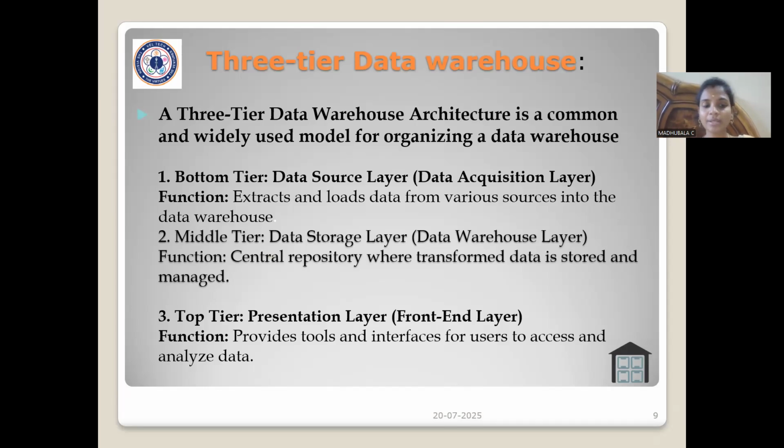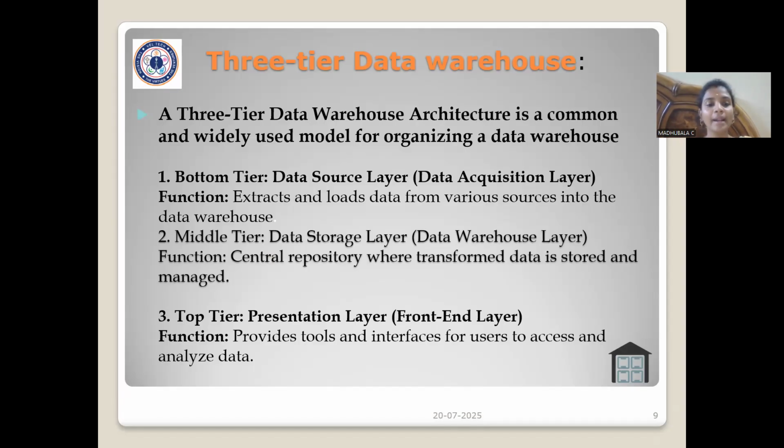These sources include operational databases. Transformation and loading processes are done by the bottom layer, and this layer ensures data consistency, accuracy, and efficient storage. This is called the bottom layer, or data source layer.